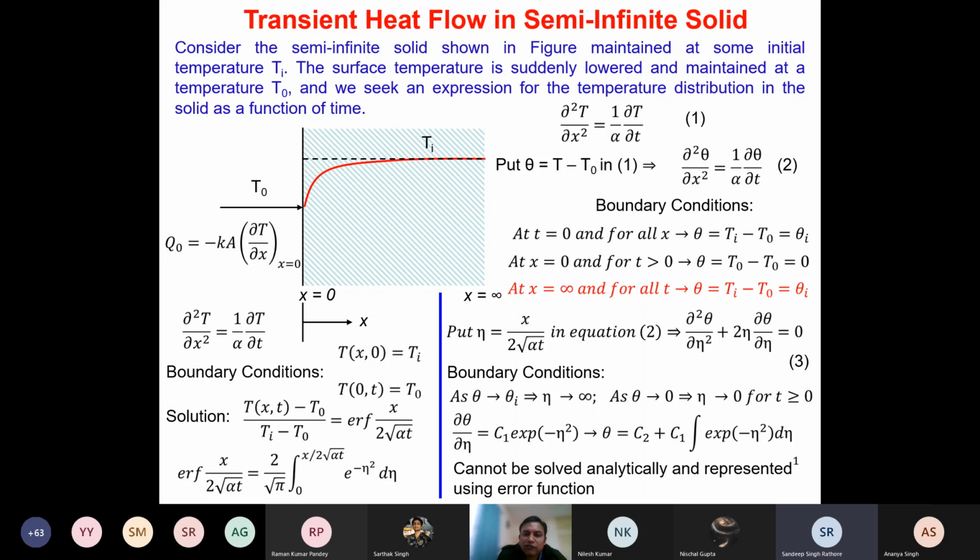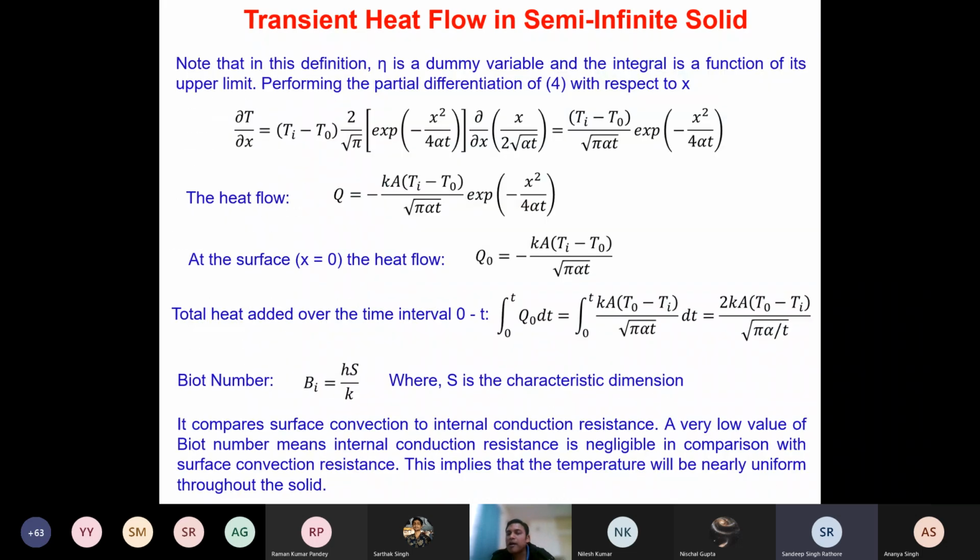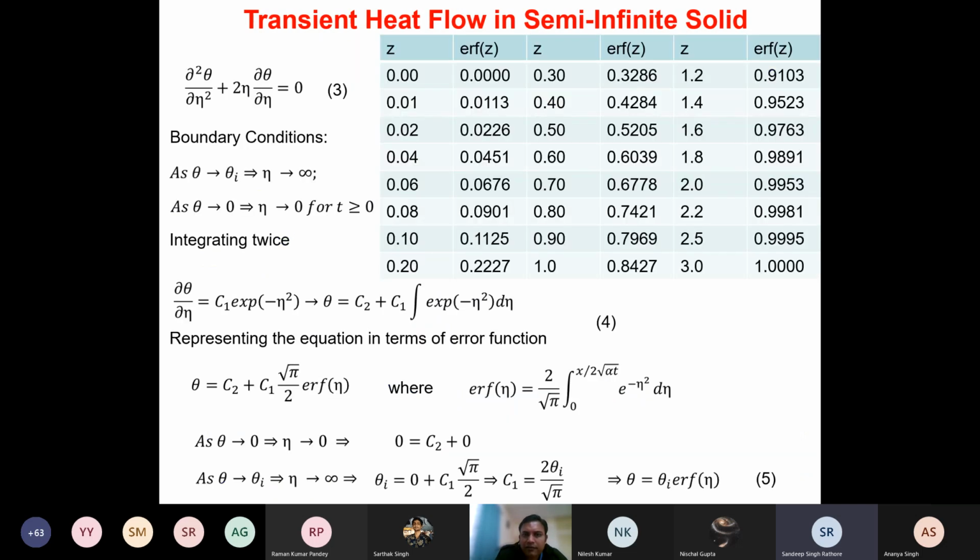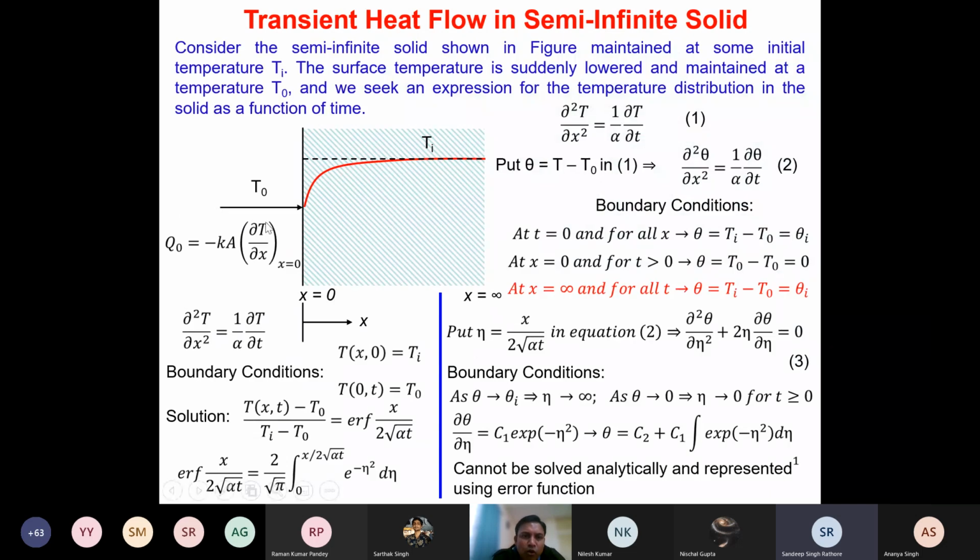Okay, so let's further extend this analysis for some calculations. Remember, in this case eta is a dummy variable, and very often we are interested in finding the heat flux or the rate of heat flow, here or somewhere in between.